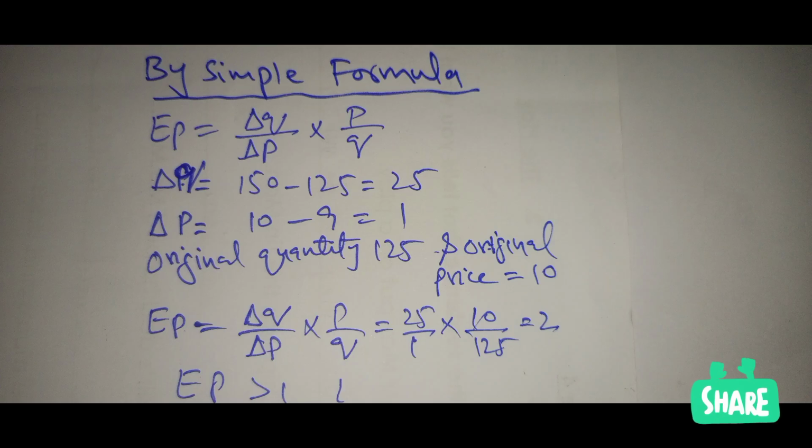Delta Q, or del Q, is equal to 150 minus 125, which is equal to 25, and delta P is 10 minus 9, which is equal to 1.